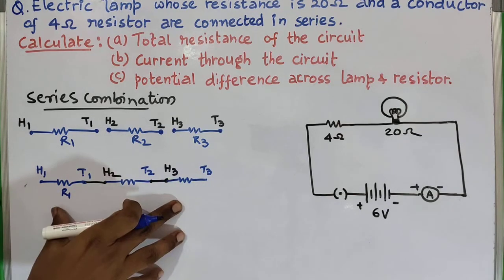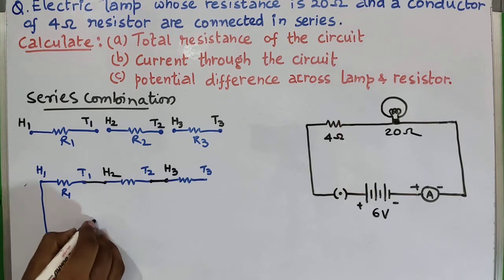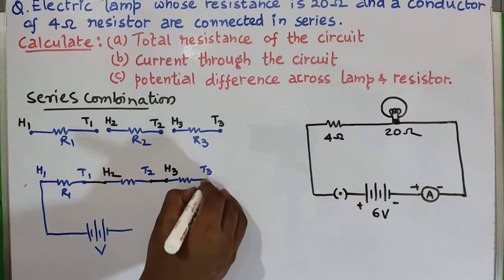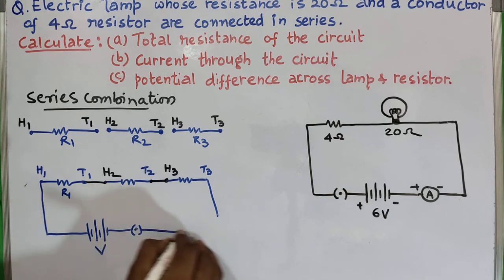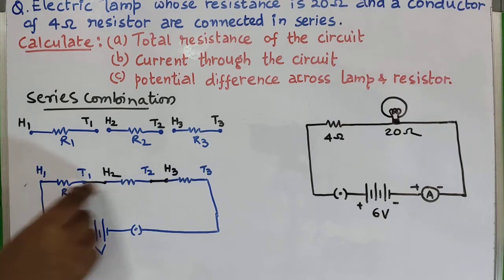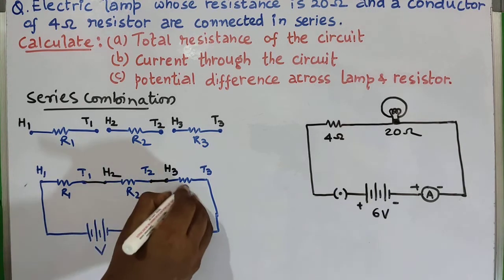Now this whole combination is connected to a battery source. Let's say the battery voltage is V, and let us have a key here. So this type of combination, we'll call it series combination. See that the resistors are coming one after the other. So this is R2, this is R3.